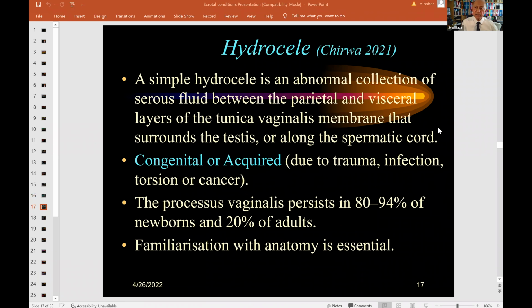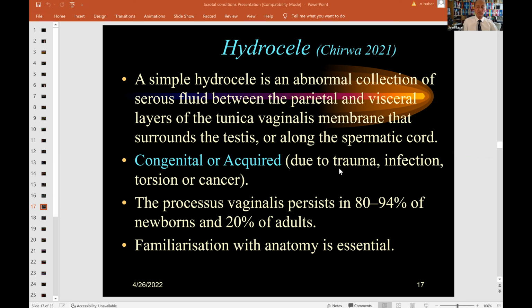So let's now talk about hydrocele. A simple hydrocele is an abnormal collection of serous fluid between the parietal and the visceral layers of tunica vaginalis membrane that surrounds the testicles or along the spermatic cord. So a remnant of this tunica vaginalis can result in pooling of fluid in the entrapped scrotal compartment.